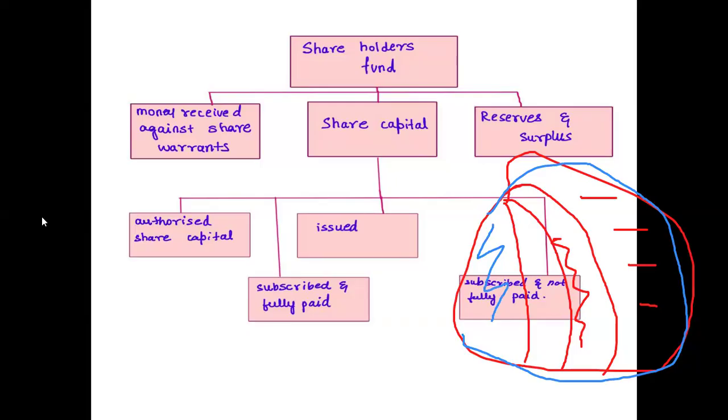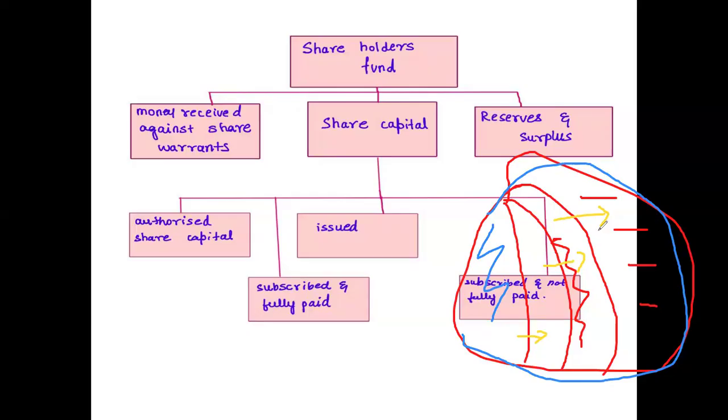And when I'm in need in future, then I first go to the unsubscribed, then I go to the unissued, and then I go to the authorized. So this progression is followed when I want to launch my company's new projects and new methods. You have always heard that there is a method called IPO, initial public offering. This initial public offering is nothing but issuing capital to the public.